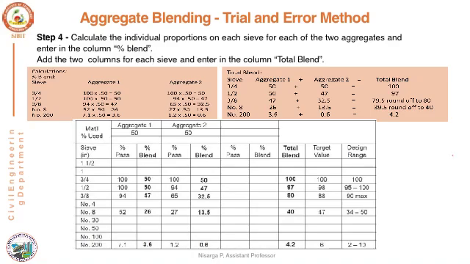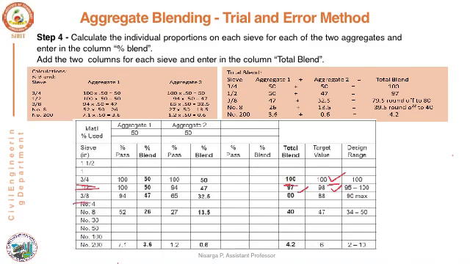Then in the next step, we compare the combined gradation we have obtained by blending aggregates 1 and 2 in the ratio 50% each. For the 3/4 inch sieve, the total blend is 100 and the target value is 100, so this is fine. For the half inch sieve, the total blend is 97 but the target value is 98, so almost near to each other, that is also accepted.